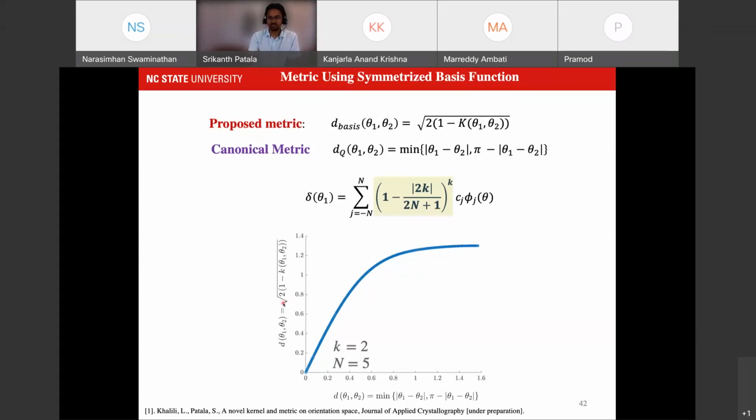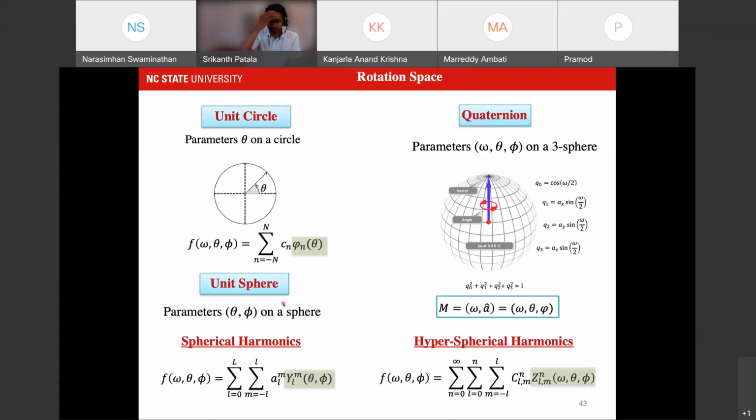Now, of course, this is a simple example in 2D, for let's say 2D crystals with symmetries. How do we extend this to real crystal systems or even grain boundaries? As long as we have basis functions that can be symmetrized, we can extend this. Specifically for crystal orientations, if I have theta as a parameter that defines a crystal orientation in 2D crystals, I can use Fourier series as basis functions.